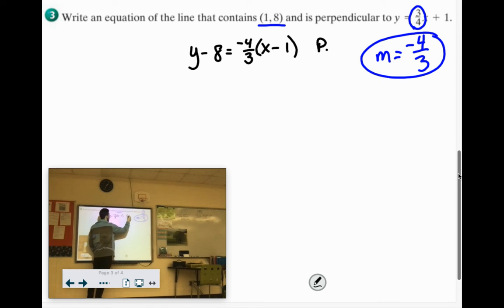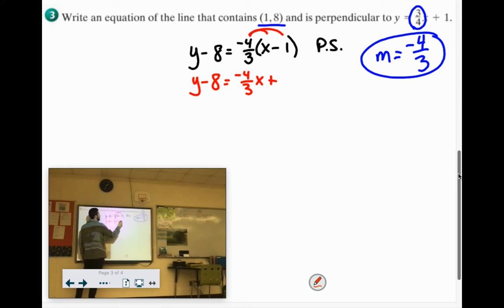This is point slope form. Now this one's going to be a doozy because we're going to have decimals or a fraction, and that's okay. So if we distribute this, y minus 8 equals negative 4/3 x plus 4/3. Now it's going to be pretty hard to add 8 to that, as it is.